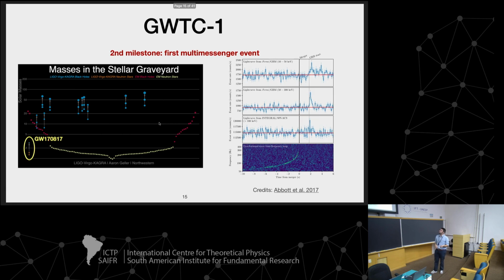The second milestone of this catalog is the first gravitational wave emission from a binary neutron star merger, GW170817, which was also the first ever multi-messenger event, where we were able to get not only the gravitational wave signal, but also GRB emission. And this is what I'm showing in the plot here. On the top, you see the gravitational wave signal.